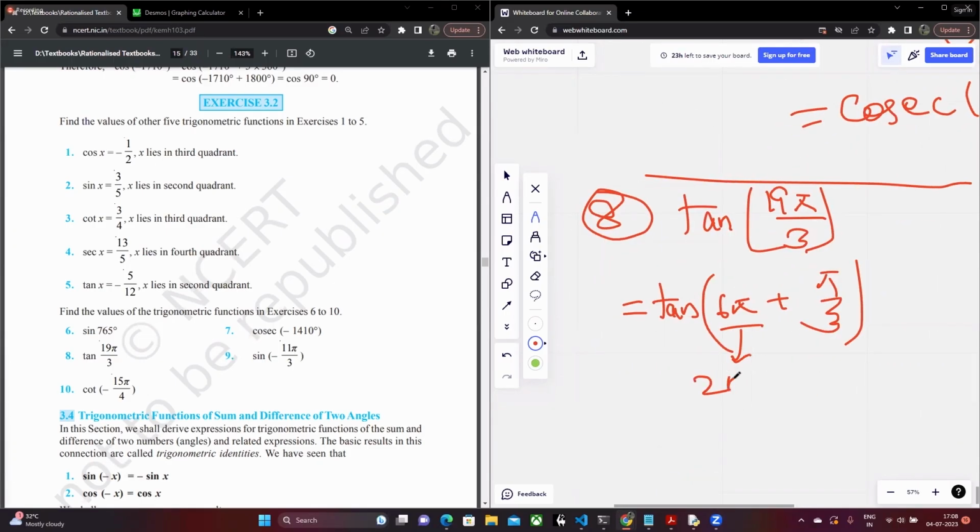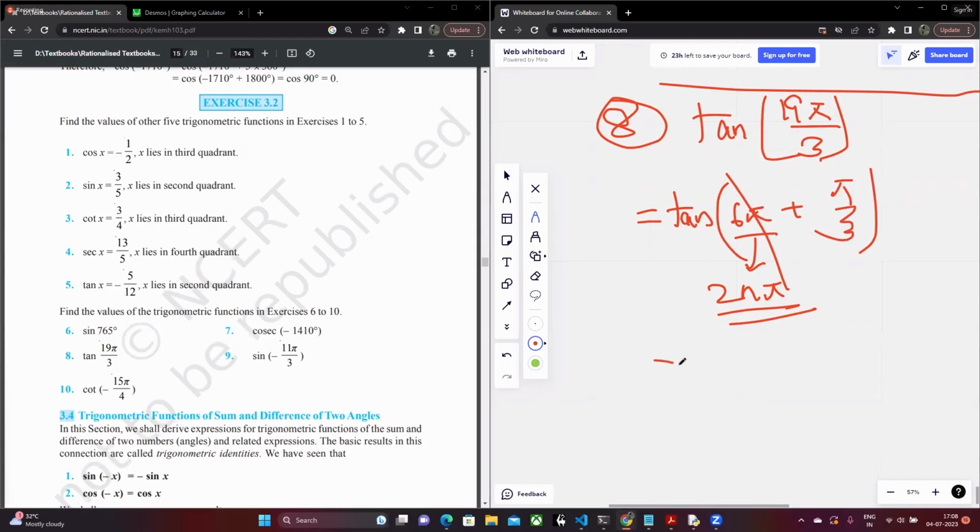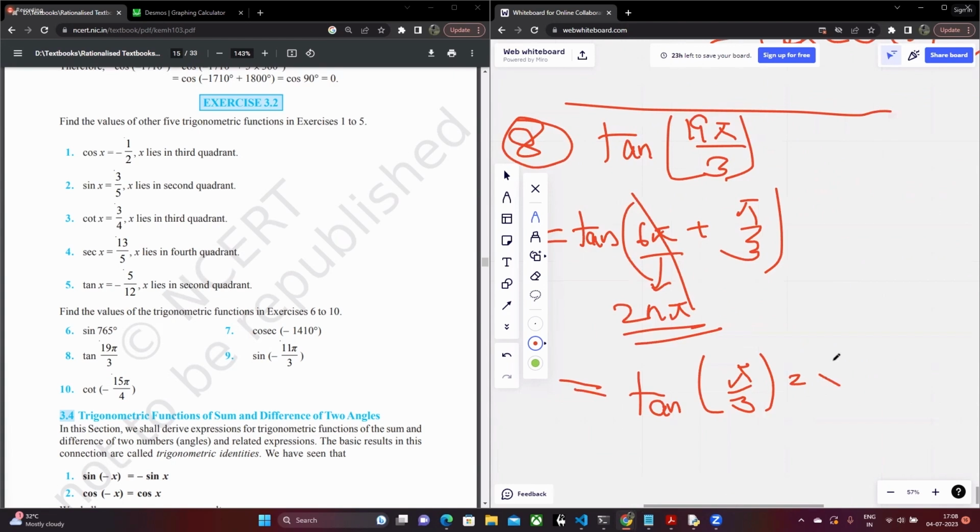This is 2n pi, right? Which is n complete revolutions. Right? This is basically 3 complete revolutions. Right? And complete revolution makes no change. So I can basically ignore this. This is equal to tan of pi by 3. That is going to be root 3. Right? Because pi by 3 is substituted.